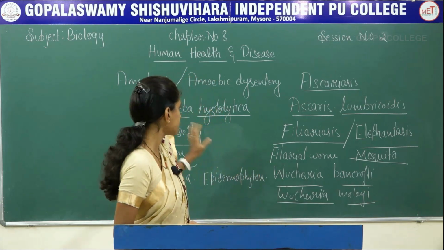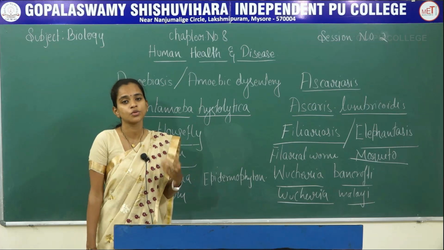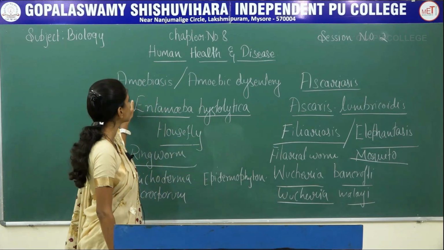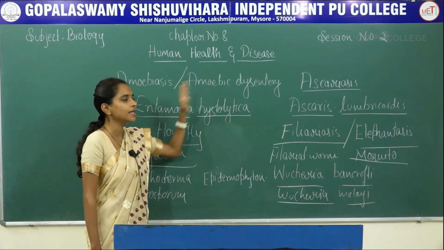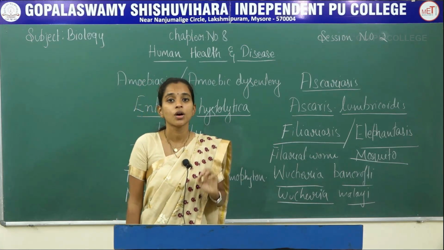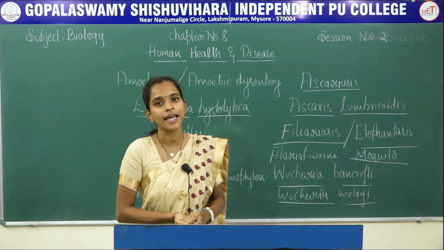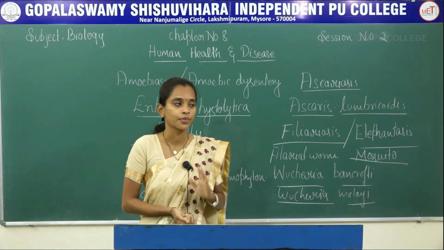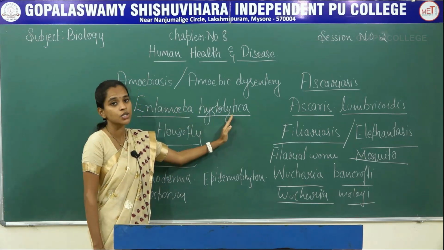So these are about different types of diseases caused by different forms of pathogen. Once again to discuss, today we started the class with amoebiosis or amoebic dysentery. Here the organism or pathogen causing this amoebiosis or amoebic dysentery will be an example for protozoan. The protozoan here will be Entamoeba histolytica.